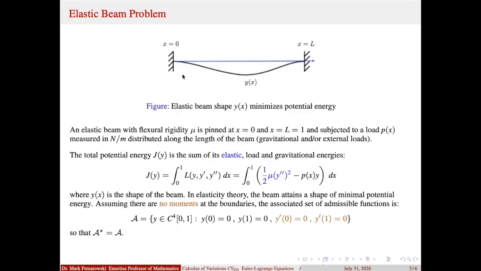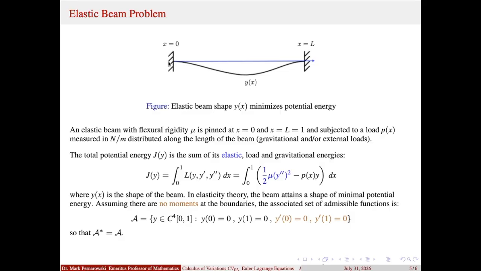One other thing about this problem that's specific to our analysis in the previous slides is that the derivative of y at the endpoint is 0. That means this curve has to come in flat at this boundary here. And that would be true if, let's say, the way that you secured it to the wall, you put a flat part of it inside at a level as I'm trying to draw right here.